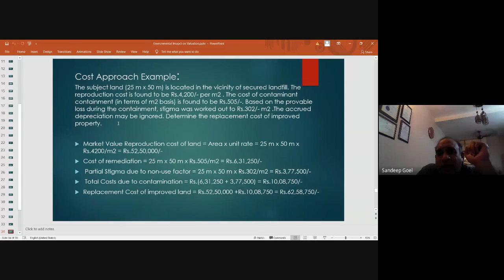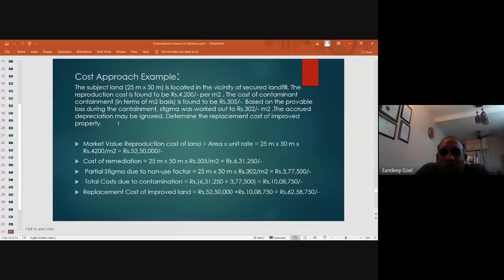What is a landfill? A landfill is an area where effluent having heavy metals is disposed of, which can produce radiations also, which are dangerous to human health and well-being. Clear? Now the question says the subject land 25 meter by 50 meter is located in the vicinity of a secured landfill.